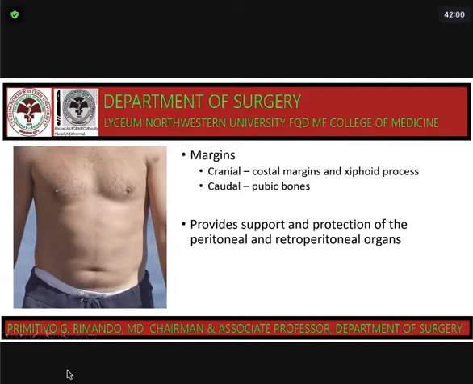That's why usually when we draw, for example, when we are in our charts, you will see us draw xiphoid, and then subcostal margins. Then below you have your pubic bones, down to the pubic tubercle there.